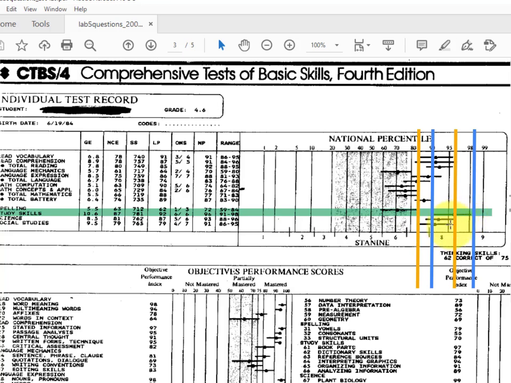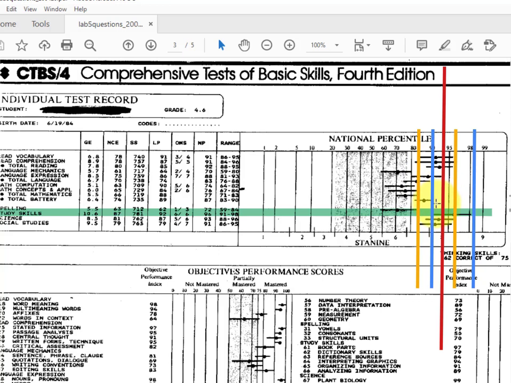Because these two bands overlap, theoretically, they could have scored a 93 on both tests because that's within the margin of error. It's within that confidence interval. So you cannot say that there is a distinguishable difference between how well the student performed on social studies and how well they performed on their study skills test.